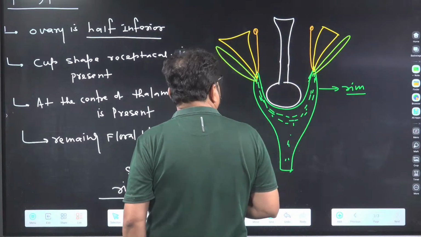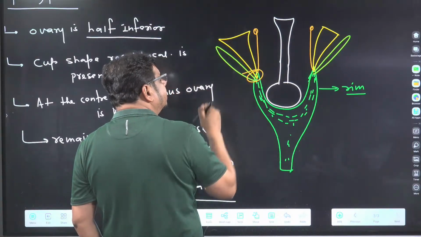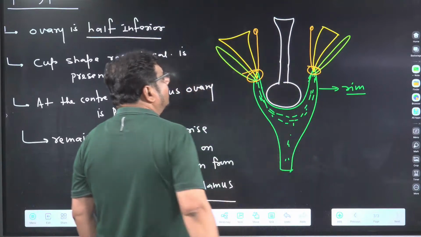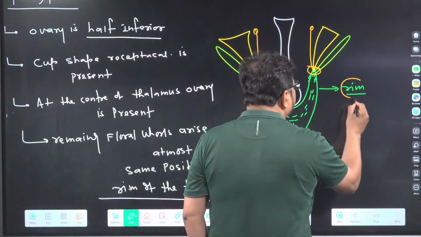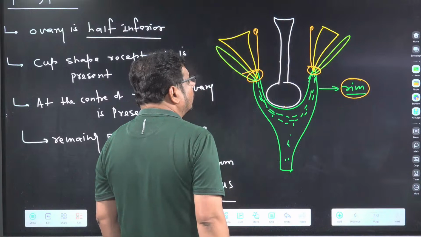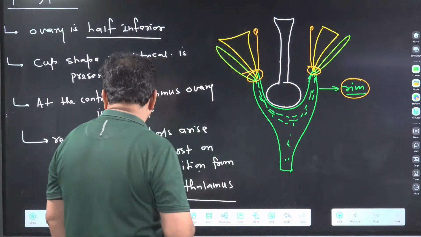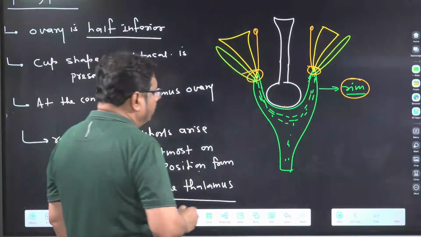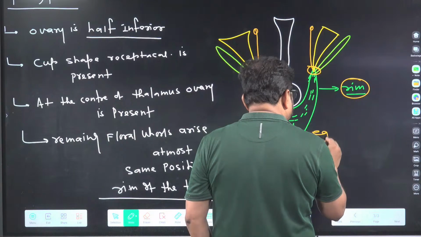Got the idea? Now see, all these are arising almost at the same level, from the rim of the thalamus. And who is present in the central part? Ovary. Getting it or not? So this condition is perigynous. The second and third diagrams of NCERT look like this.